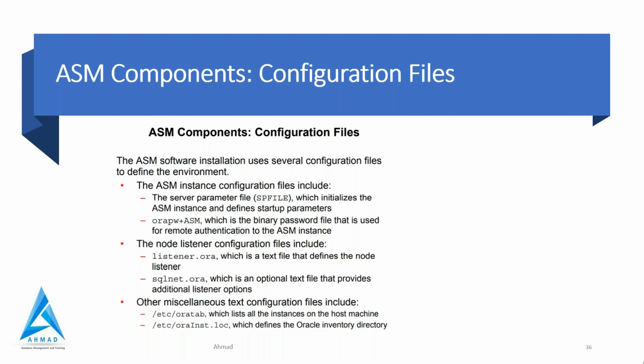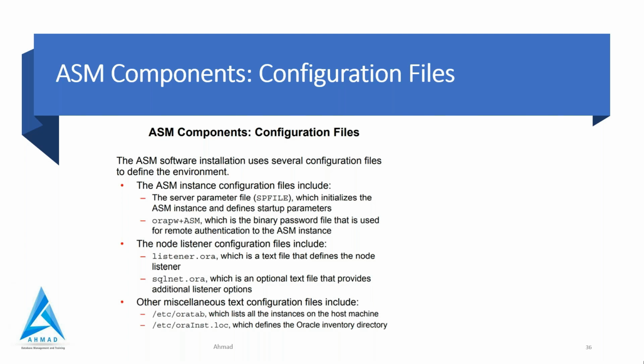Okay, clear? Most of the metadata related to ASM is stored within the ASM disk group and in the memory-based tables of the ASM instance. Clear? A few other files are used for configuration.